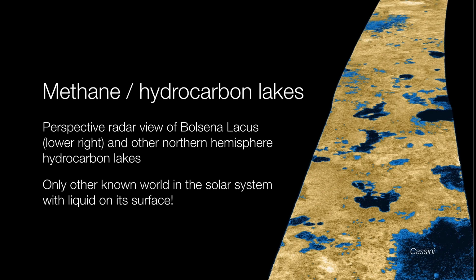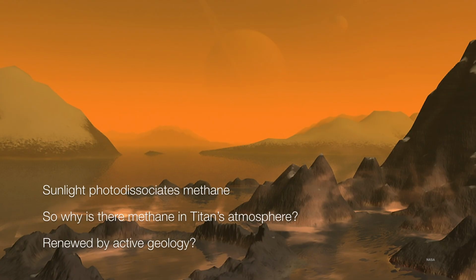When we look at Titan's surface with radar, we find these flat areas where no signal is returned. And these flat areas, colored in blue in the image on your right, are the outlines of lakes. So these are hydrocarbon lakes of methane, acetylene, and so forth. But there is a mystery here.